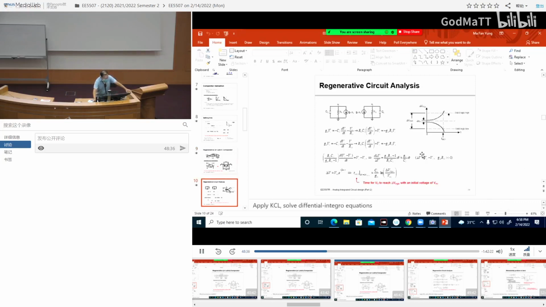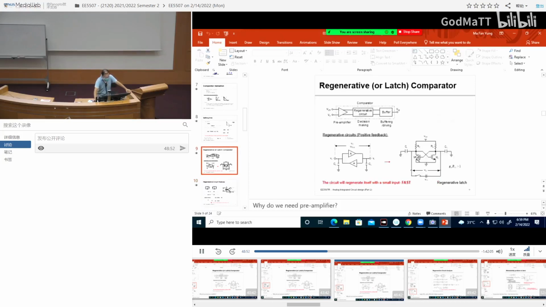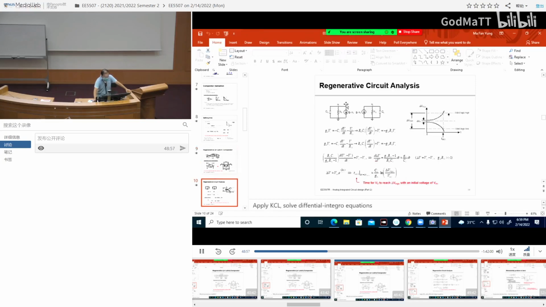For those of you who are interested in the mathematical analysis, you can analyze it this way. Here are your two outputs, Vx and Vy. Here is the load capacitance, here is the residual capacitance.